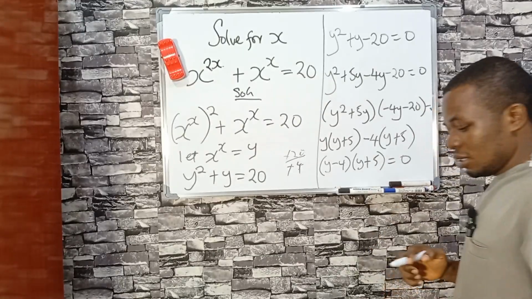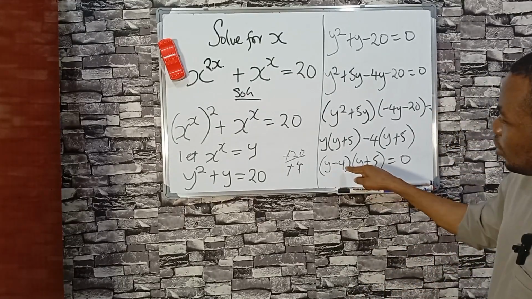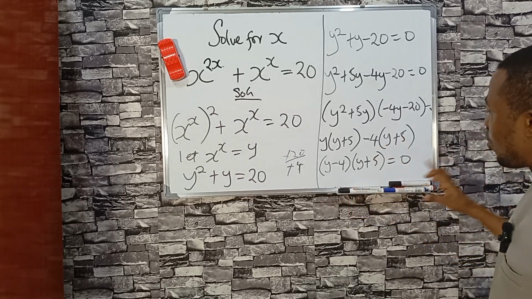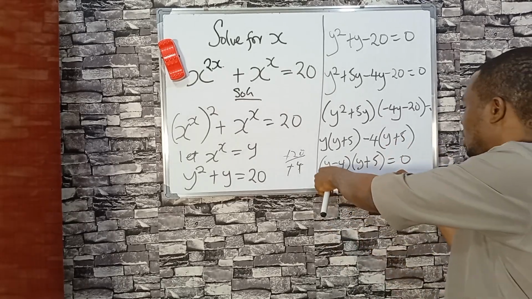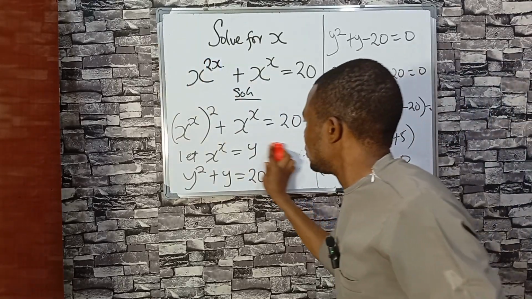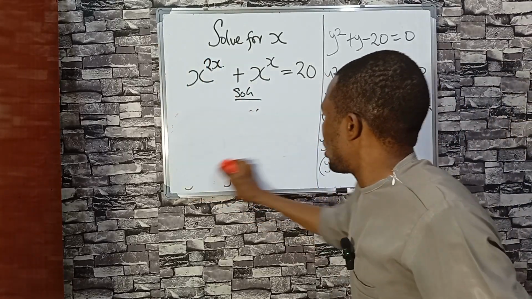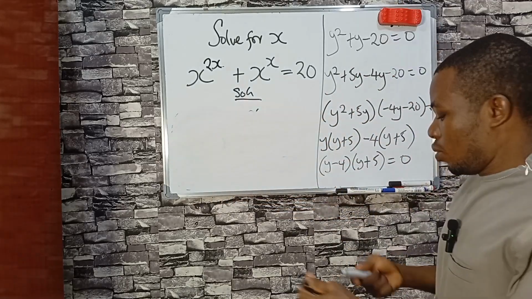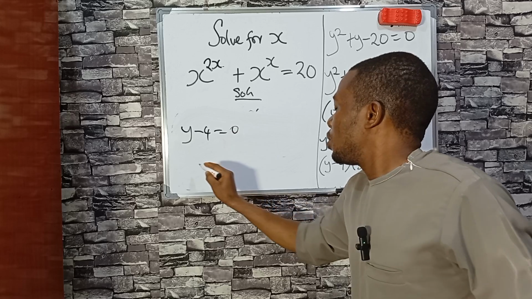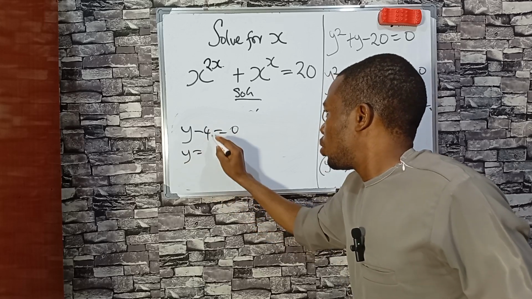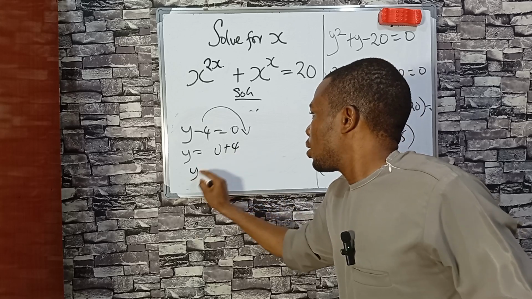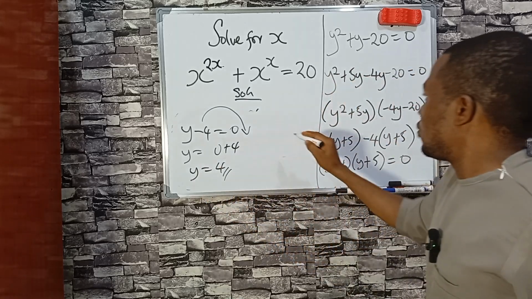From here, it means that either y minus 4 is 0 or y plus 5 is 0, so you can solve for y from there. Now, y minus 4 equals 0 means y equals 0 plus 4, or y equals 4.